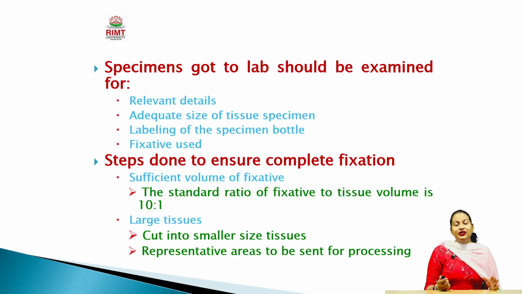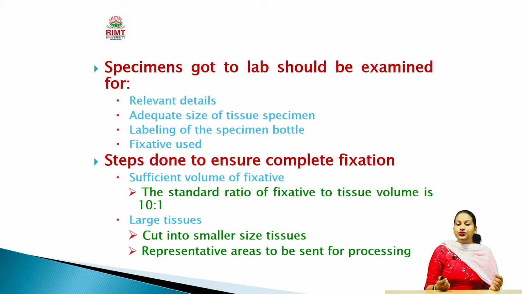The specimen that gets to the lab should be examined. Here we take the relevant details of the patient, an adequate size of the tissue specimen, and then label the specimen bottles. Here we also need a fixative, which is specially used for the fixation of the tissue specimen.